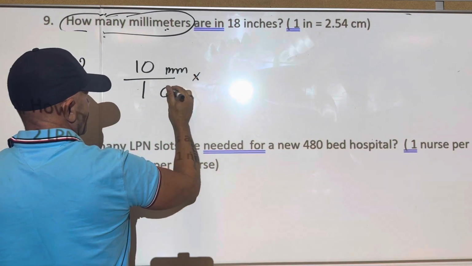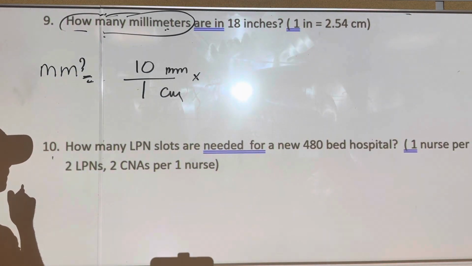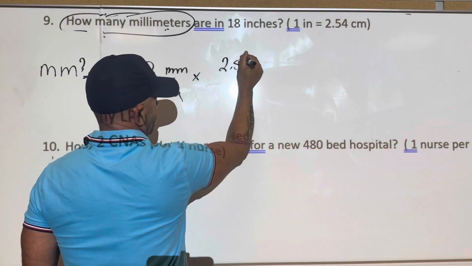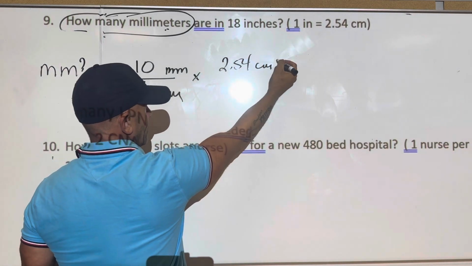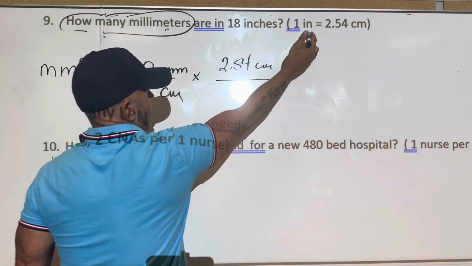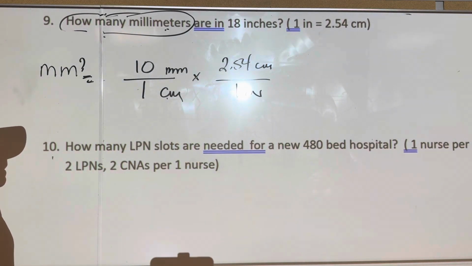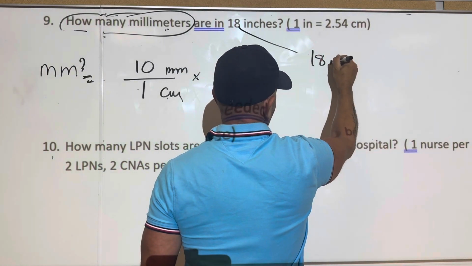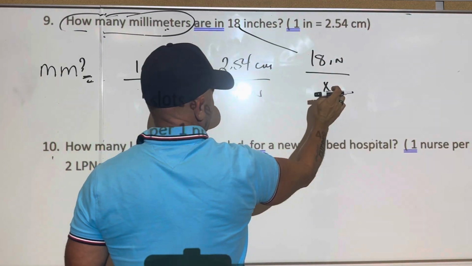So we did 10 millimeters per 1 centimeter. Well, all right, so now what do we do? We got 2.54 centimeters, because remember, centimeters is here. We want to put centimeters up here. Now we know that's 1 inch. Now that we look here, we got 18 inches, how many millimeters are in 18 inches?